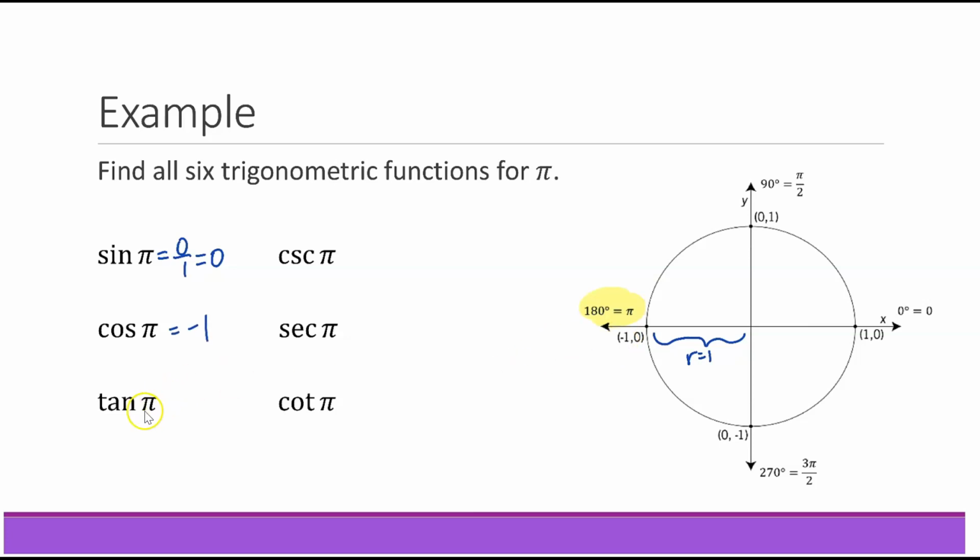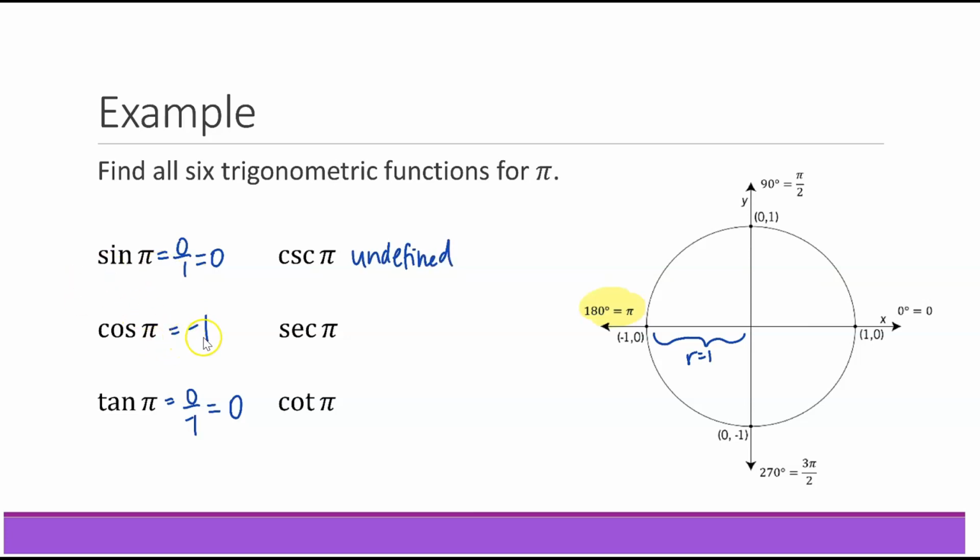And tangent of pi, the definition of tangent was y over x. So here we do have 0 over -1, which is just 0. And then we can do its reciprocals. So cosecant, here we'd be dividing by 0. So we have undefined for cosecant of pi.